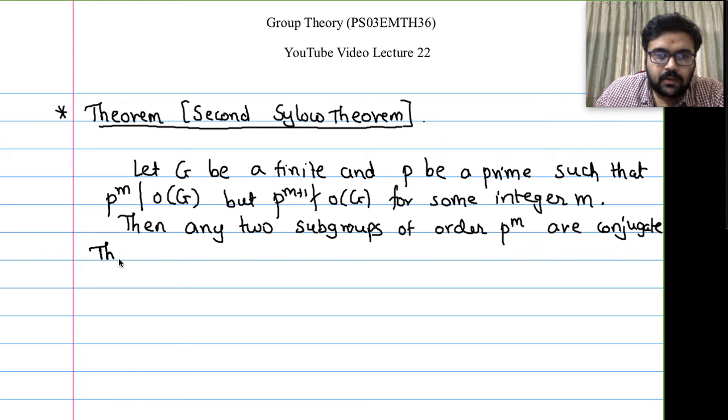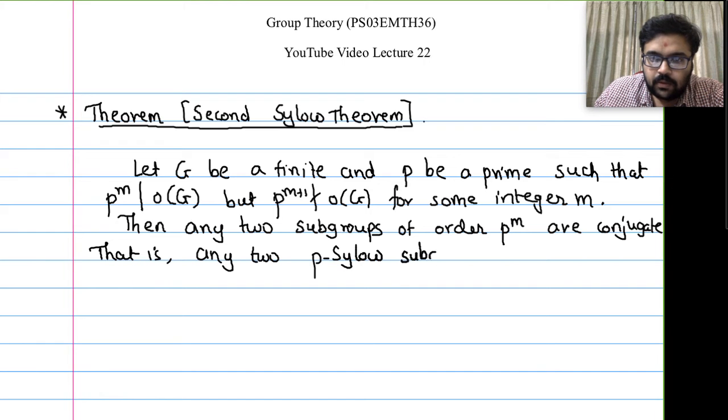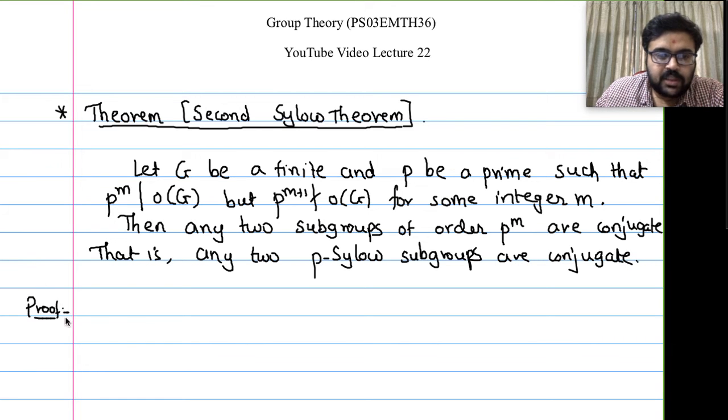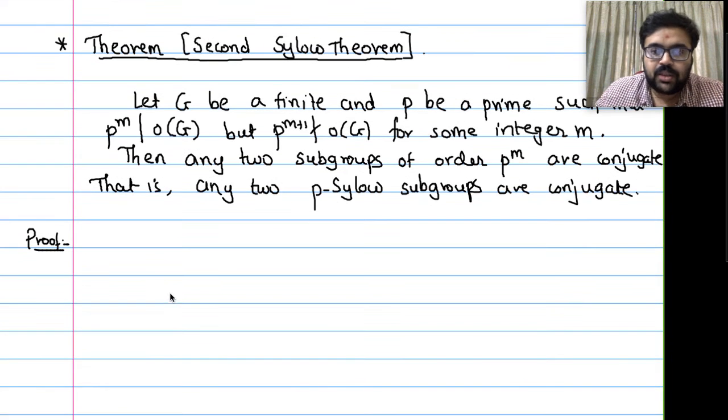That is, any two p-Sylow subgroups are conjugate. The proof is easy using the concept of double cosets.